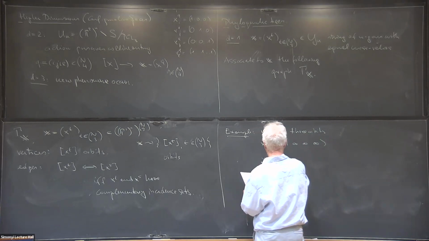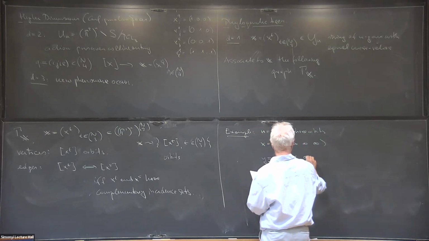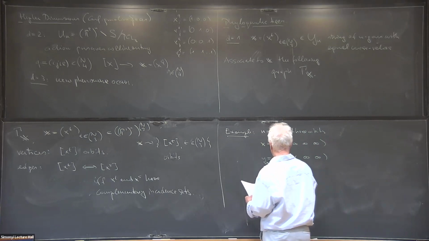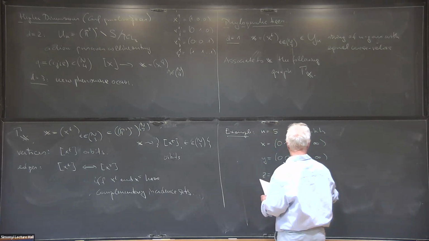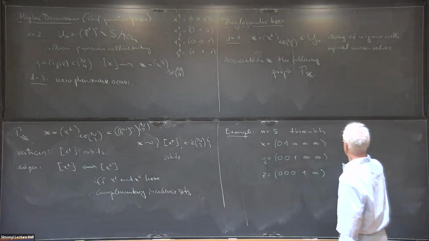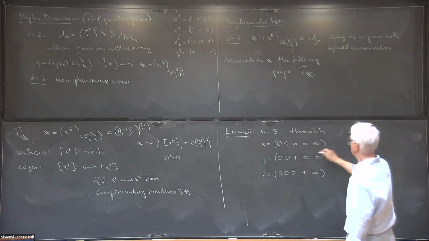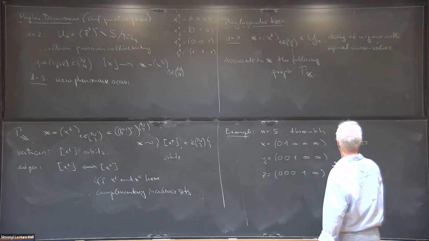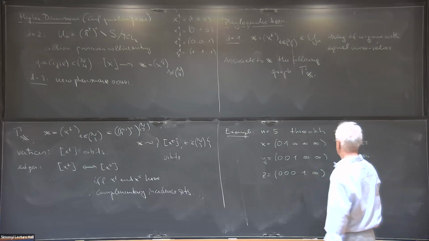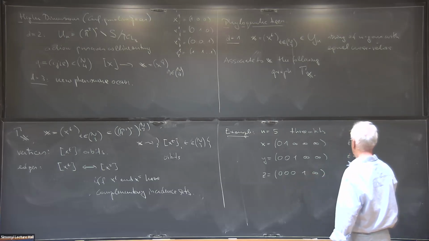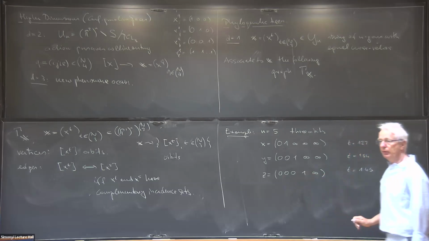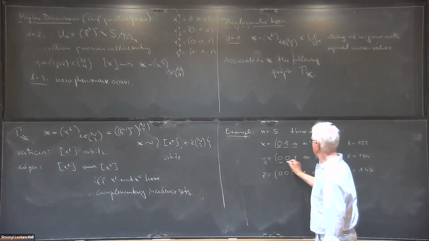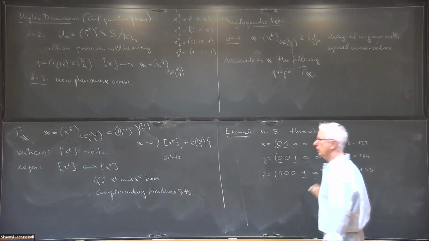Y equals 0, 0, 1, infinity, infinity. Z equals 0, 0, 0, 1, infinity. So this here would be t equals 1, 2, 3. Of course, t is not unique. Here we would have 1, 3, 4, and here we would have 1 or 4, 5, for instance.